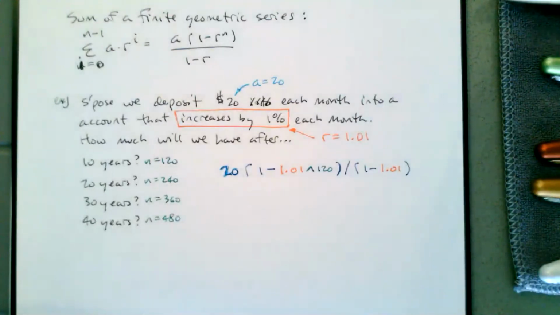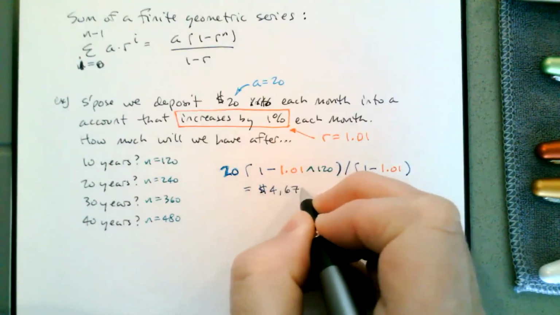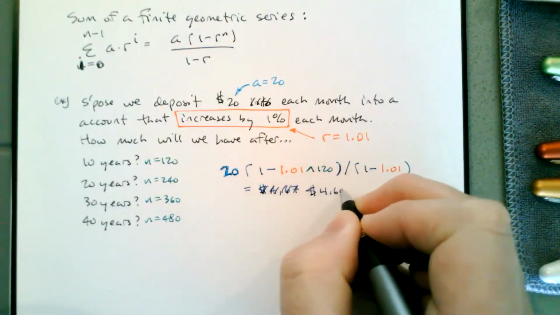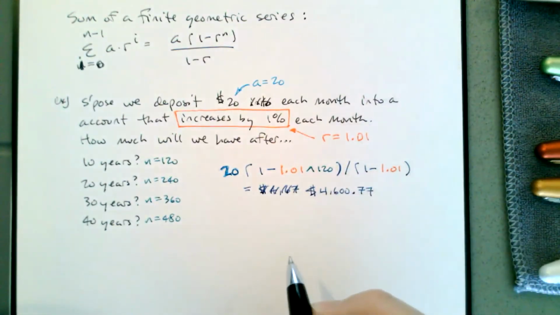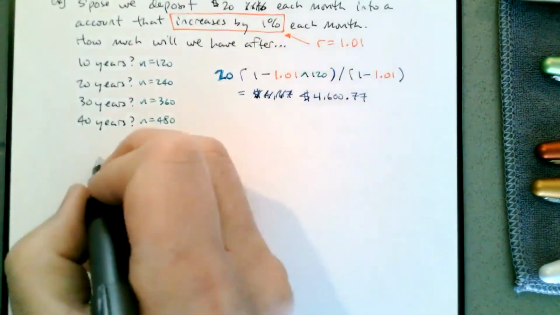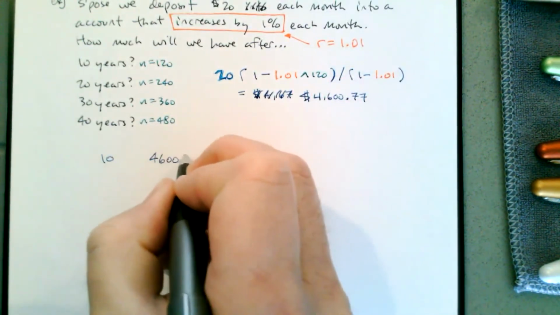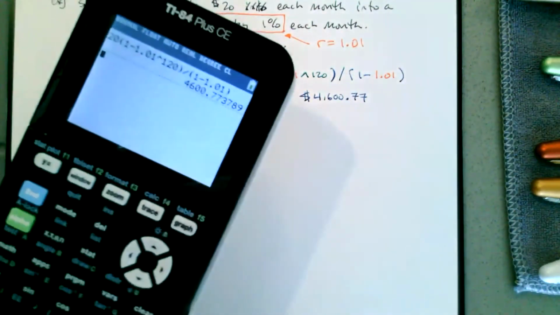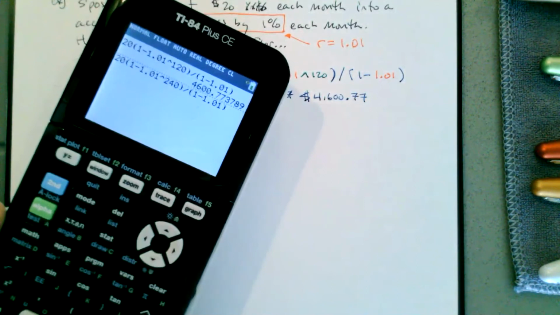So that's $4,600.77. And then for 240, we do the same thing. So for 10 years, let's write it this way, 4,677. I'm going to do the same calculation for 20 years, 30 years, and 40 years. Since it's all the same, I'm just going to go back and edit the 120 to be 240.